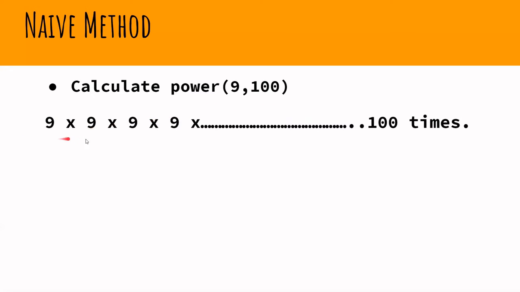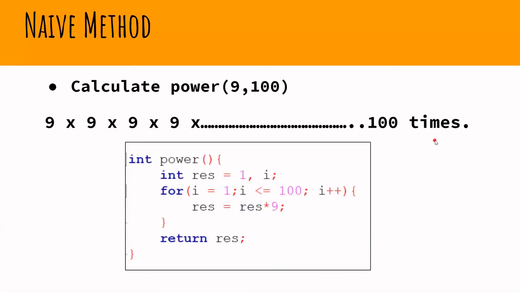The brute force method: if I ask you to calculate 9 to the power 100, we will simply do 9 into 9 into 9 into 9 up to 100 times. If we look into the code, we will use a for loop which will run from 1 up to 100, and we will do res equals res into 9, and at the end we will return res.